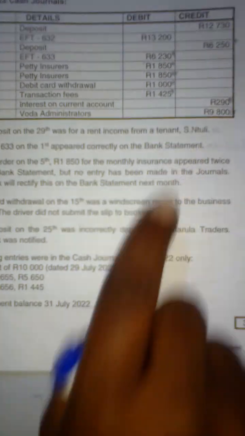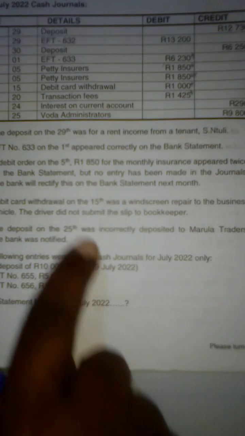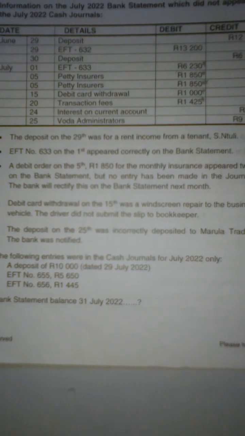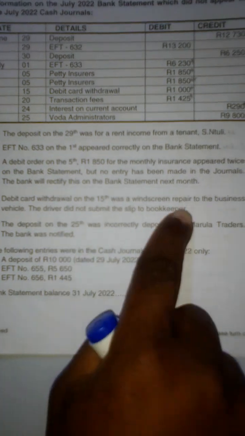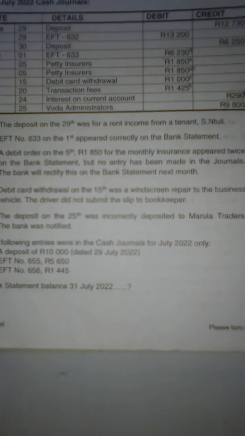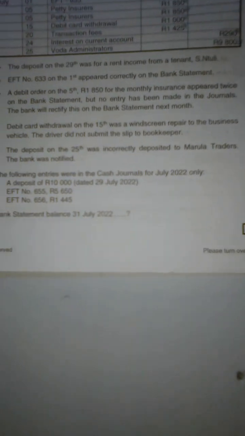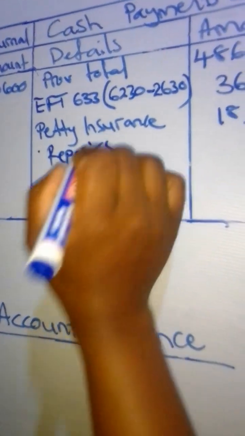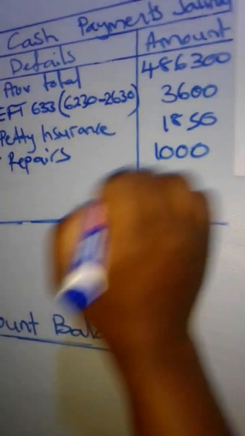A payment was made, but it was not recorded because no slip was submitted to the bookkeeper. Our job now is to update it, to record it. It is a payment, so we are going to indicate debit card withdrawal. I'll just indicate withdrawal for repairs. The repairs are 1,000 rand.